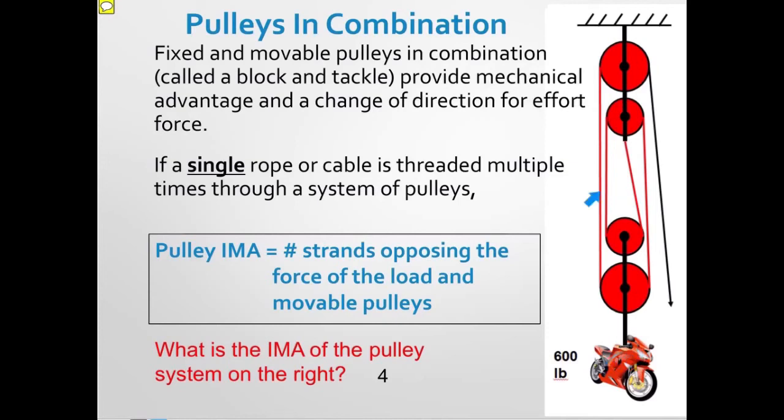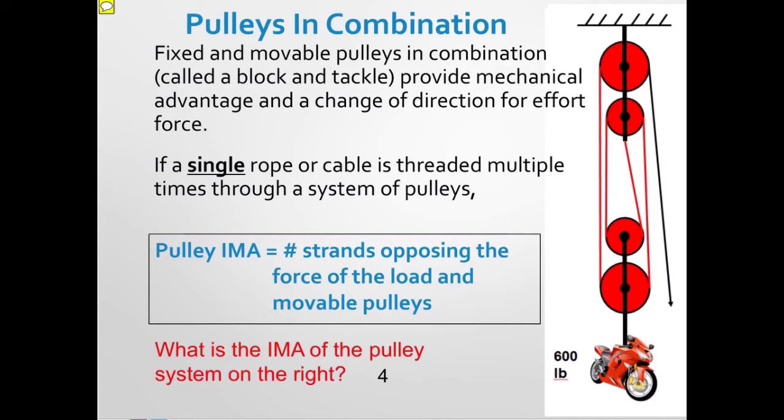So we have 1, 2, 3, 4 supporting our weight here, our resistance force. And then this one here, just like before, is just changing the direction. It's not actually supporting the weight of our resistance. So our IMA for this system is going to be 4.